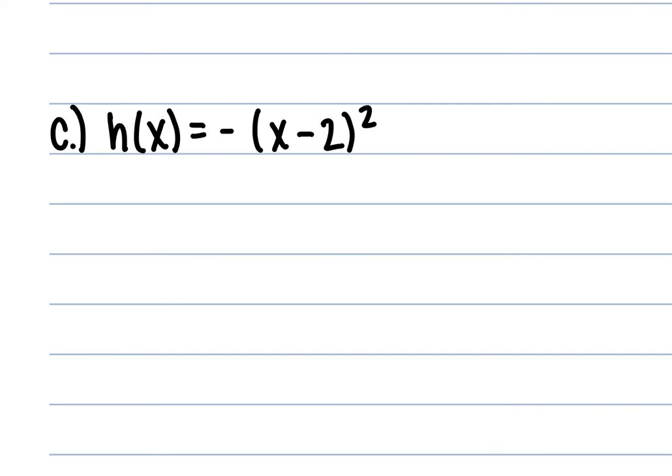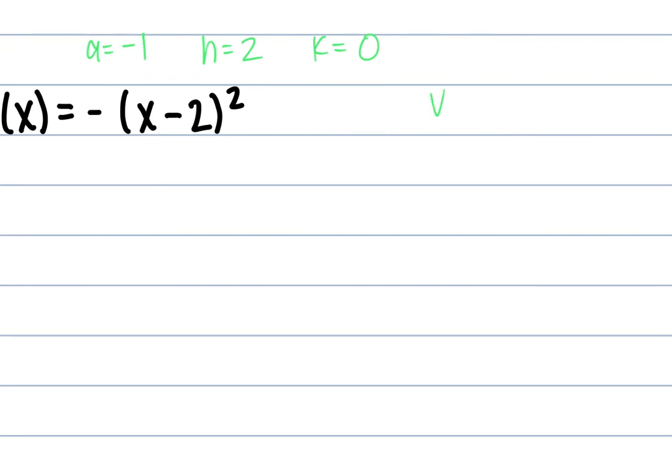What is the A value here? 1. No. Negative. It's -1, okay? What is the H value here? 2. And what is the K value? 0. So, where is my vertex? 2, 0. Where's my axis of symmetry? Thank you.